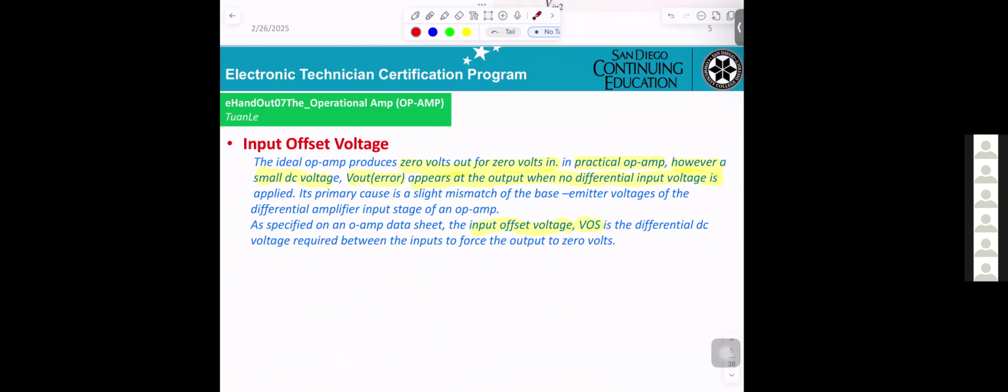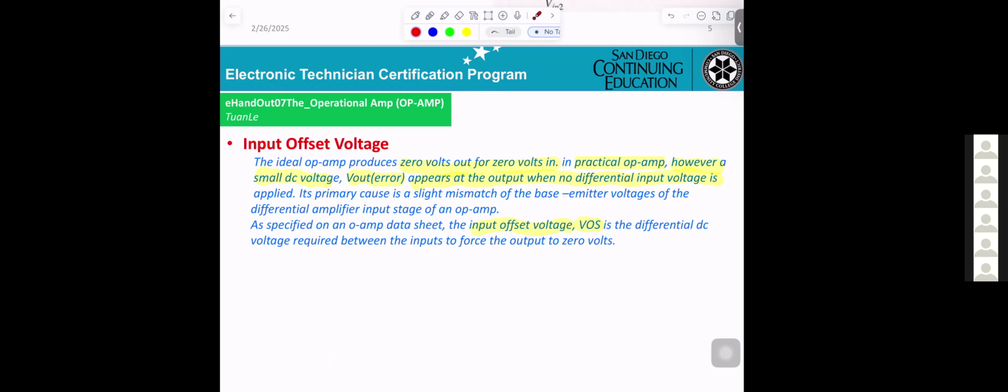Input offset voltage. For the op amp, when you connect both inputs, negative and positive, to the ground, or tie them together, identically, the output is supposed to be zero.